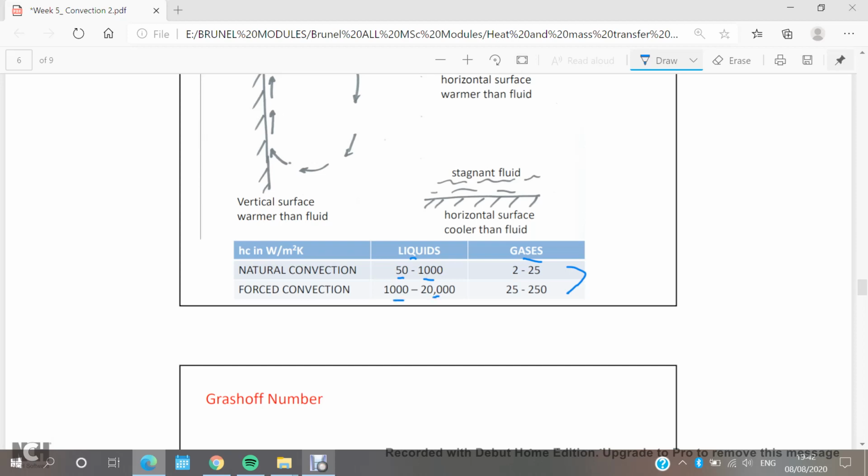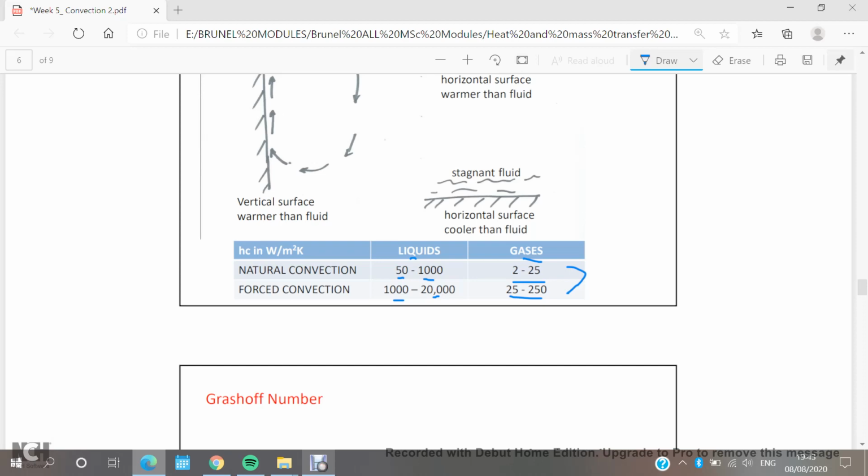For gases, it is between 2 and 25 in natural convection, but between 25 and 250 in forced convection. That's why in real applications, such as chillers, air conditioning or any cooling system, we use forced convection heat transfer, not natural, because the heat transfer coefficient in forced convection is much higher than the natural one.